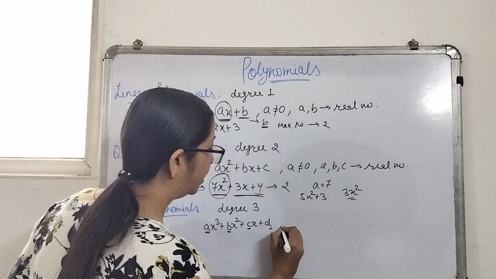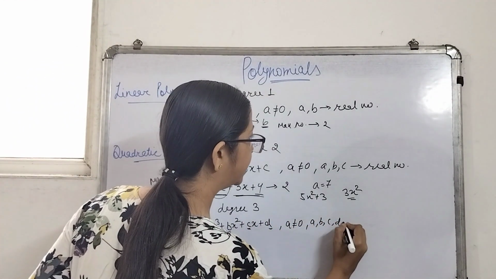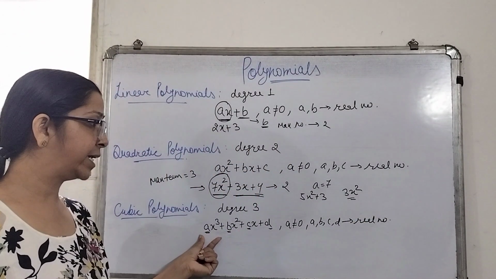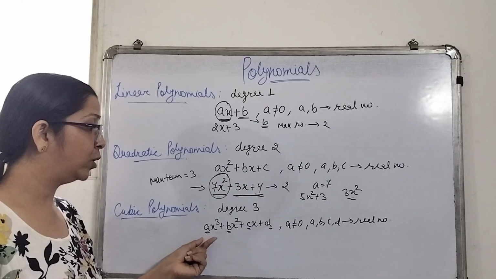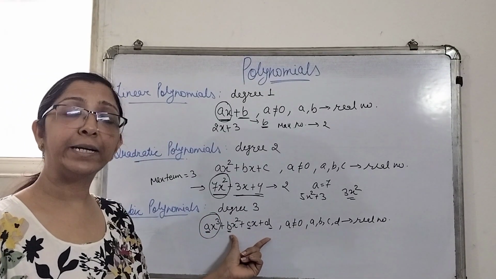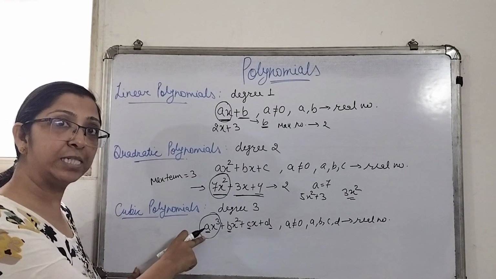Again the same thing: a cannot be 0, and a, b, c, d are any real numbers. Because if a becomes 0, this term will be 0 and this will remain a quadratic polynomial, not a cubic polynomial. That's the reason a cannot be 0.